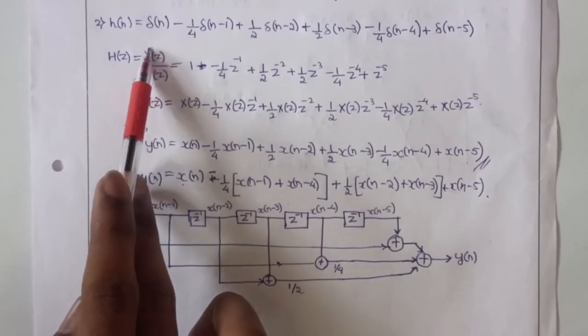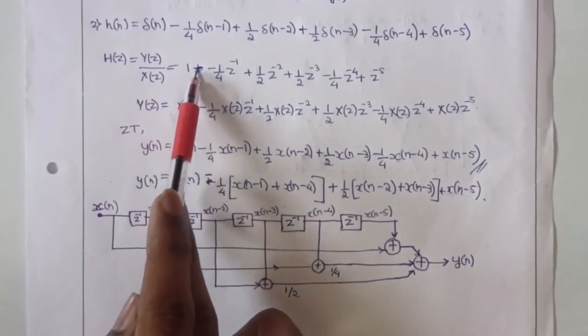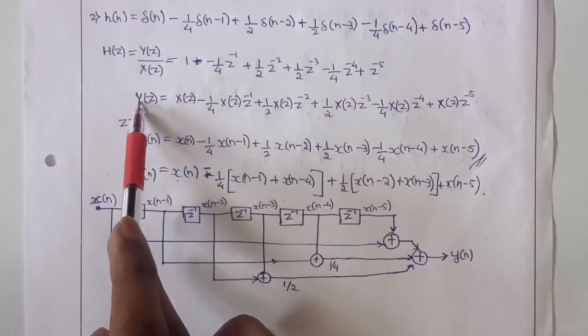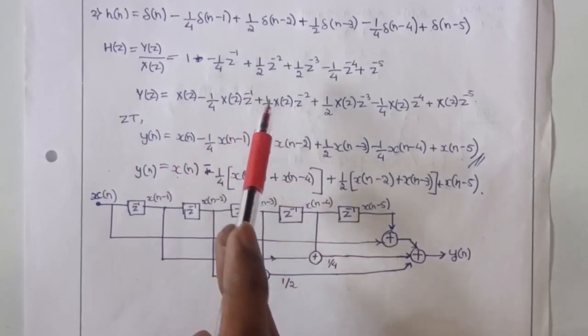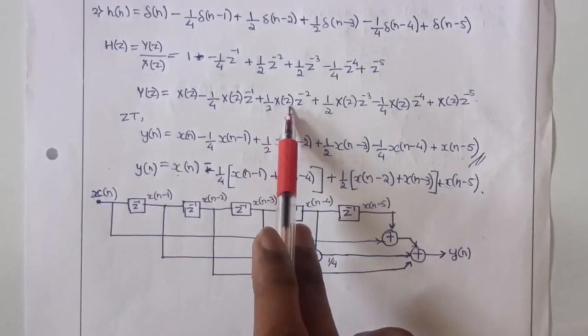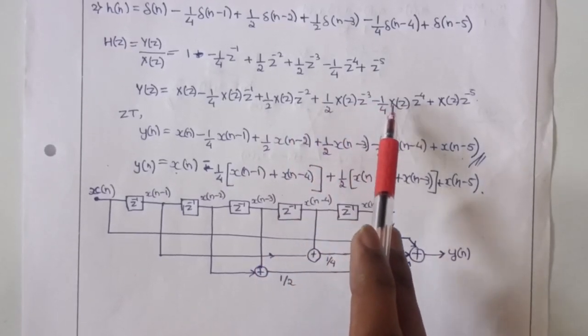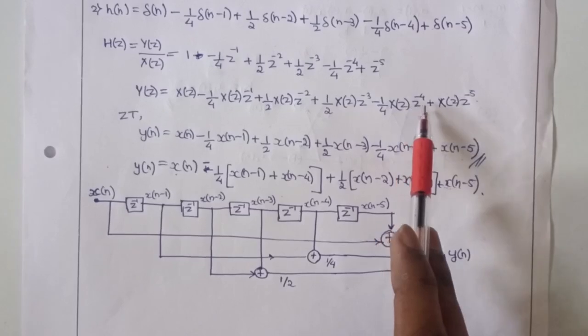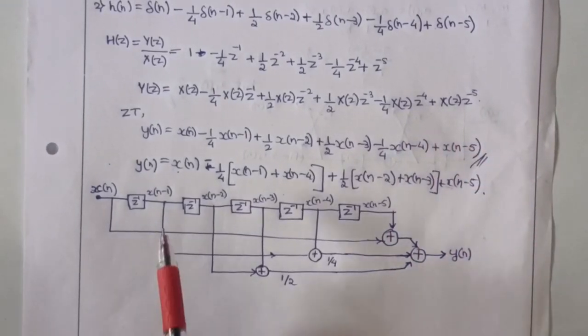We know that H of z is equal to Y of z divided by X of z. Sending the X of z to the RHS, we get Y of z is equal to X of z minus 1 by 4 X of z z inverse plus 1 by 2 X of z z raised to minus 2 plus 1 by 2 X of z into z raised to minus 3 minus 1 by 4 X of z into z raised to minus 4 plus X of z z raised to minus 5.